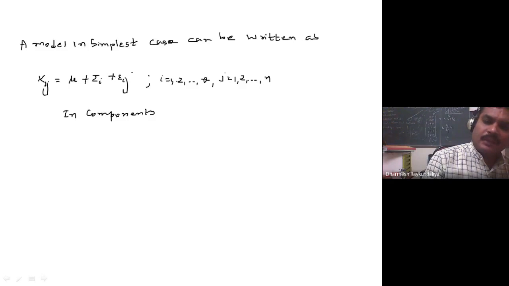That means experimental units are there. So x_ij is nothing but a value.